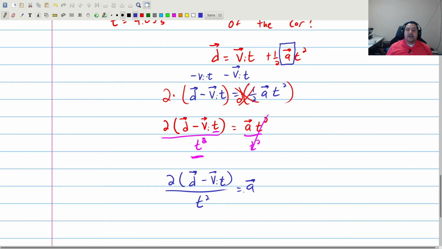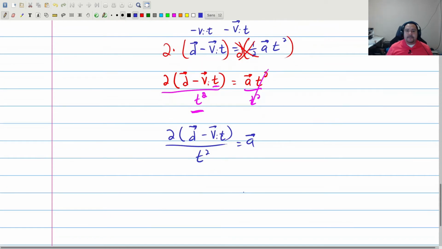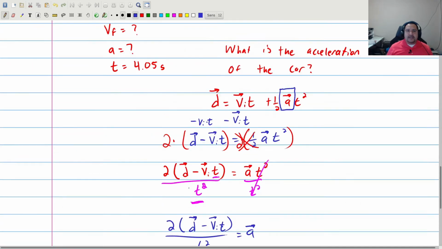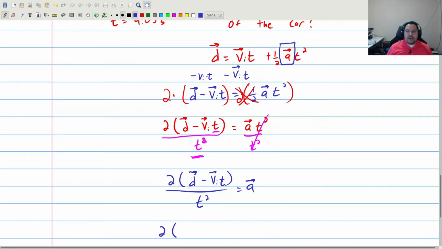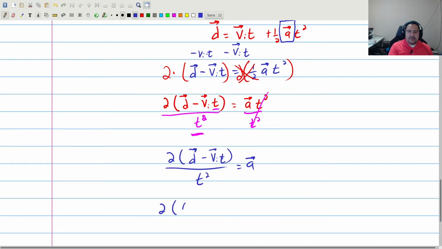All right, let's plug in some numbers. 2 times, what was the distance? It's way back up here. Distance was 78 centimeters or 0.78 meters. So 0.78 meters minus, what was v initial?